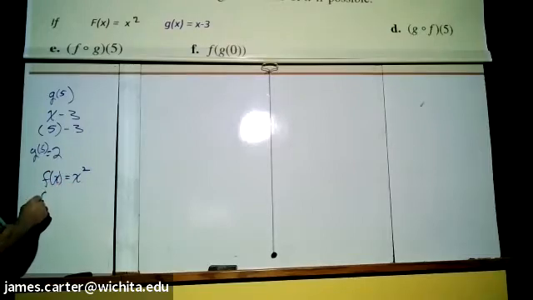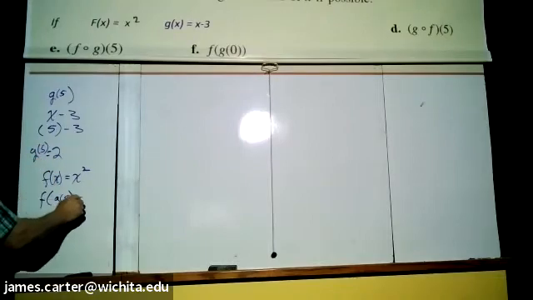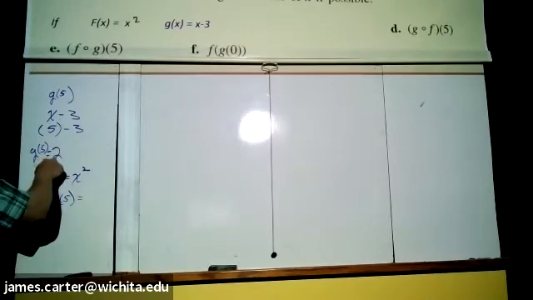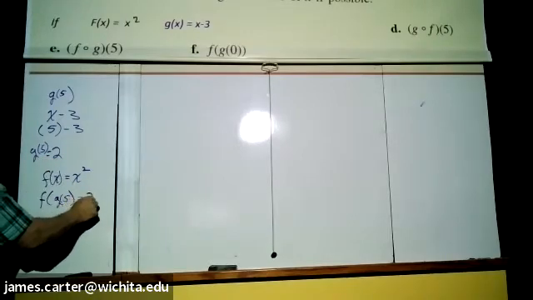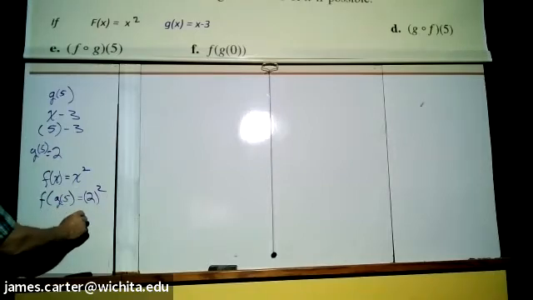So f of g of 5, we're substituting this into that, equals 2 squared, which the answer then is 4.